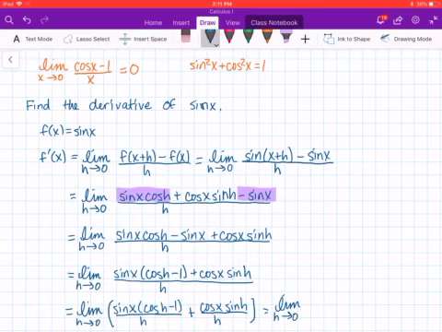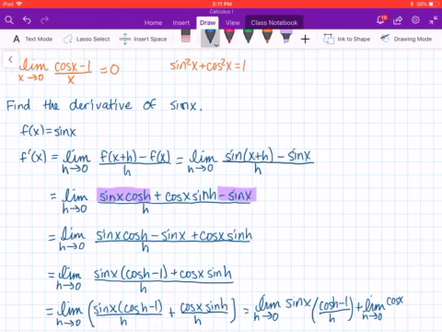And then the limits we can split apart, like I said before. So we get sine x, and then we got cosine h minus 1 over h. So I'm kind of splitting it apart, but you'll see why here in a second. h going to 0, we get cosine x sine h, and then let's do that part over h as well.